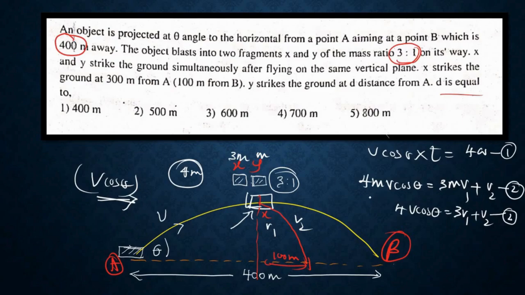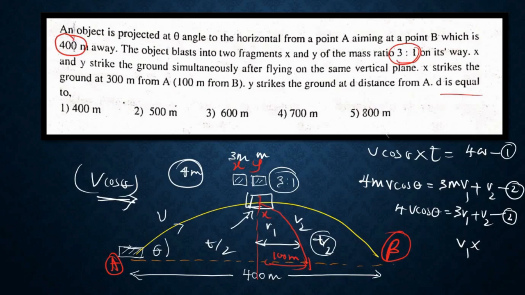Now there's another piece of data they are telling us, 300 meters away, right here at this point. That means from the middle point it's 100 meters away. So we can apply v1, the horizontal velocity of X. Here what we can observe is that if the total time is t, halfway it's t by 2, the other half it's t by 2.